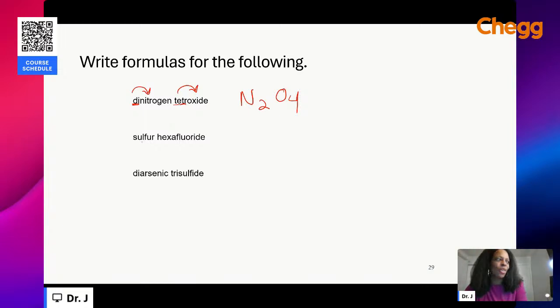All right, let's try sulfur hexafluoride. Now again, notice no prefix here on sulfur, so that tells us something without even telling us something. And then we've got hexafluoride. What would this compound be? Drop your guesses in the chat.